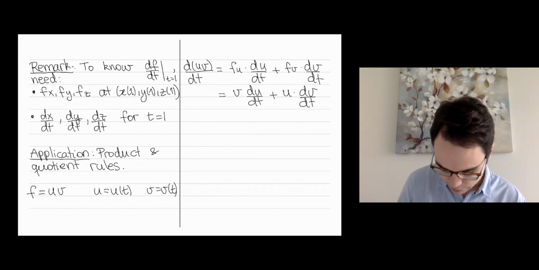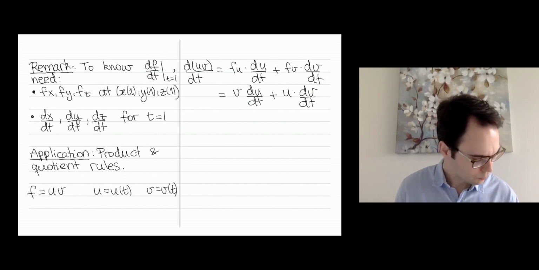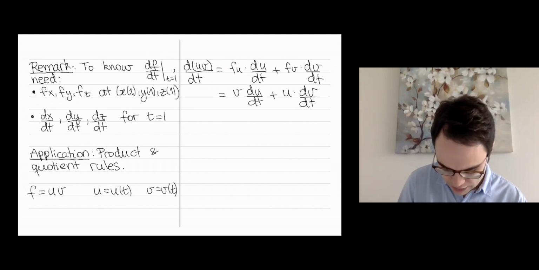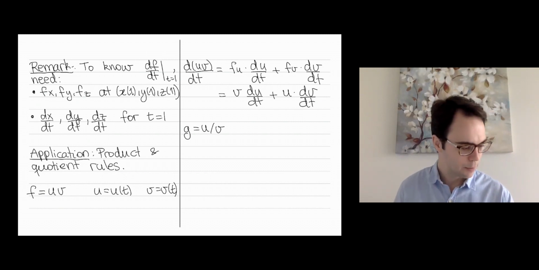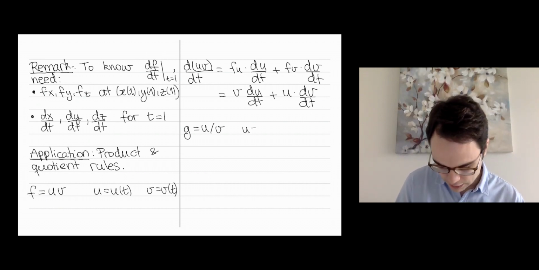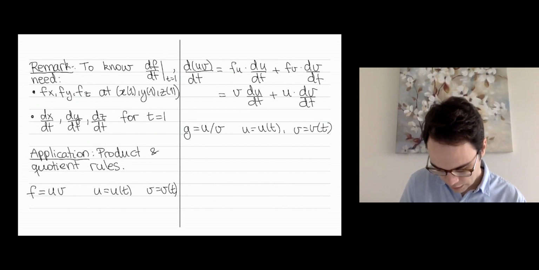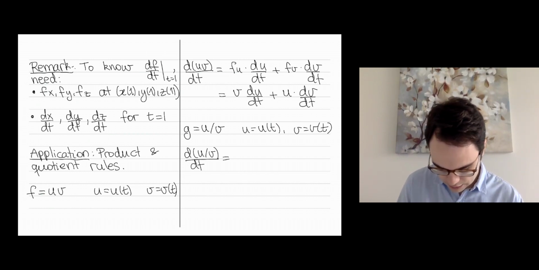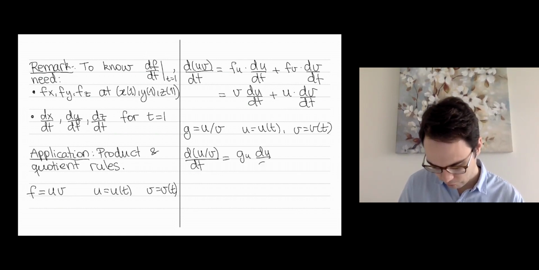The other example is, if instead of u times v we look at u divided by v, but still u depends on t and v depends on t, the derivative of the quotient is g sub u, the u partial of g times du dt, plus g sub v times dv dt.